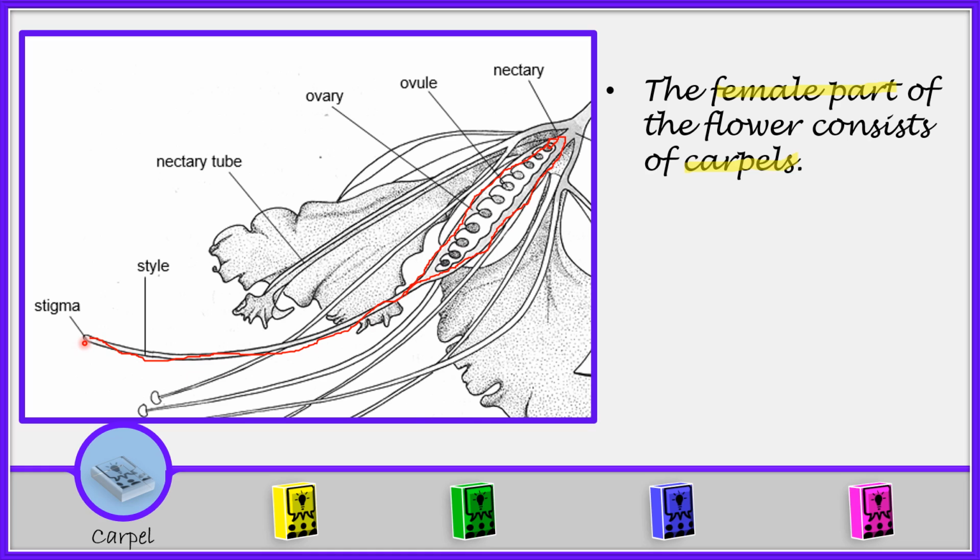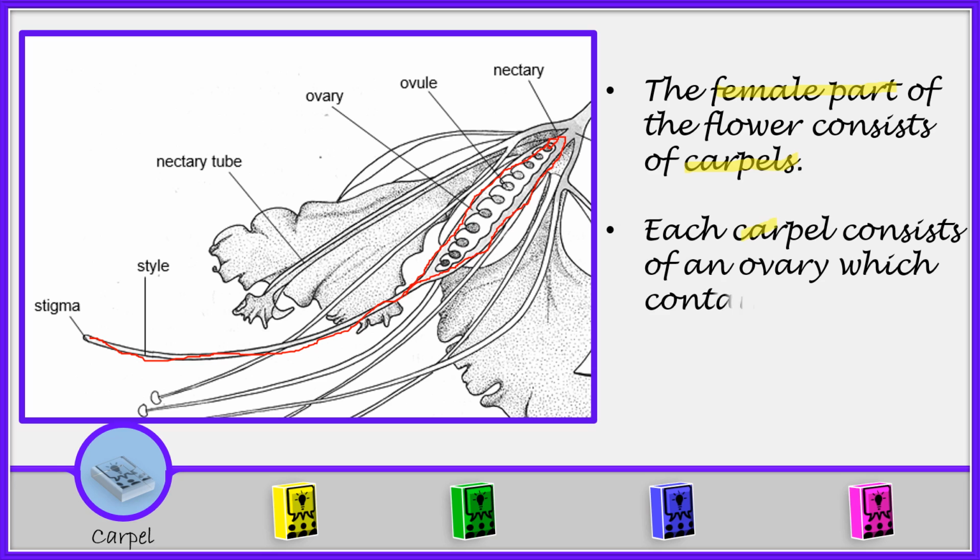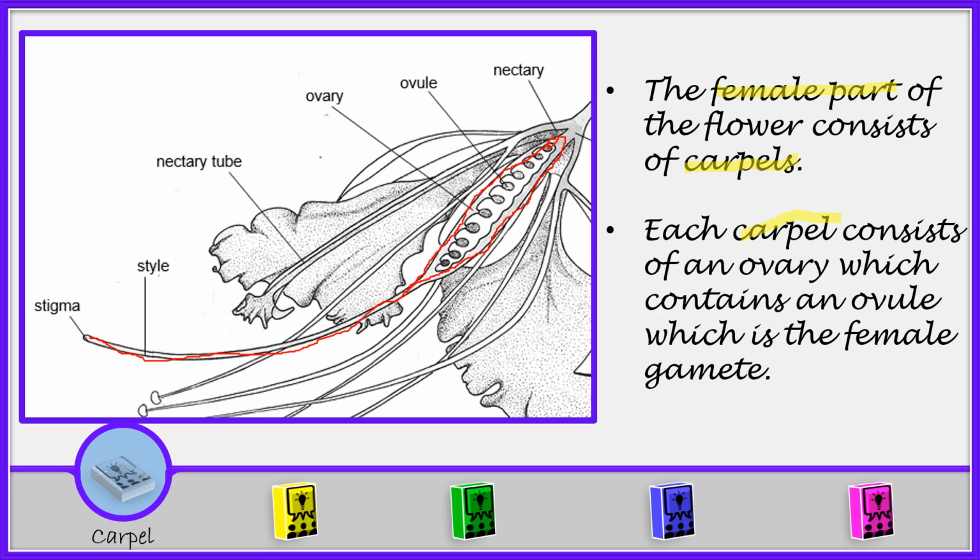The carpel is made up of the stigma, the style, and then it has the ovary, this layer outside, and inside it has the ovule. That's what constitutes the carpel. Each carpel consists of an ovary, which contains an ovule, which is the female gamete.